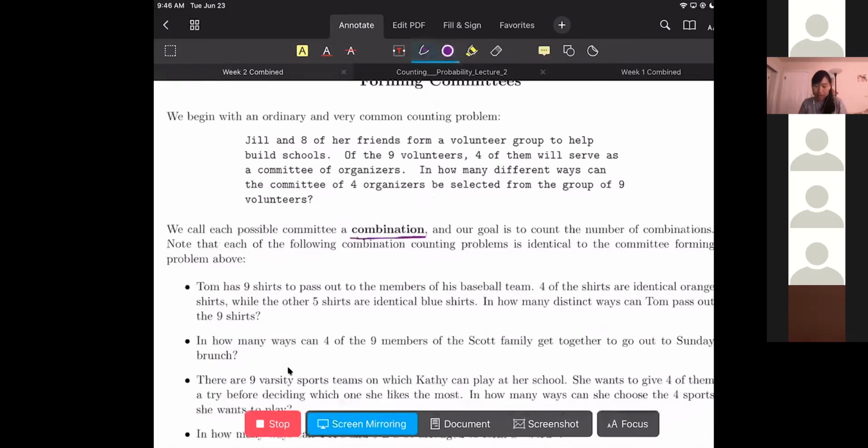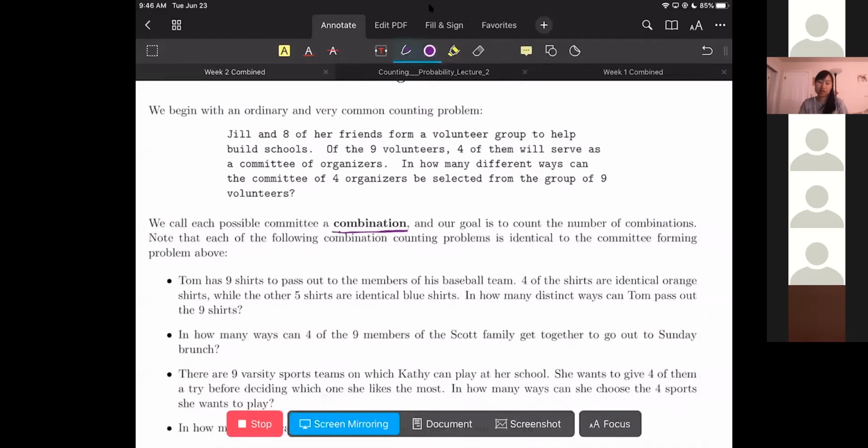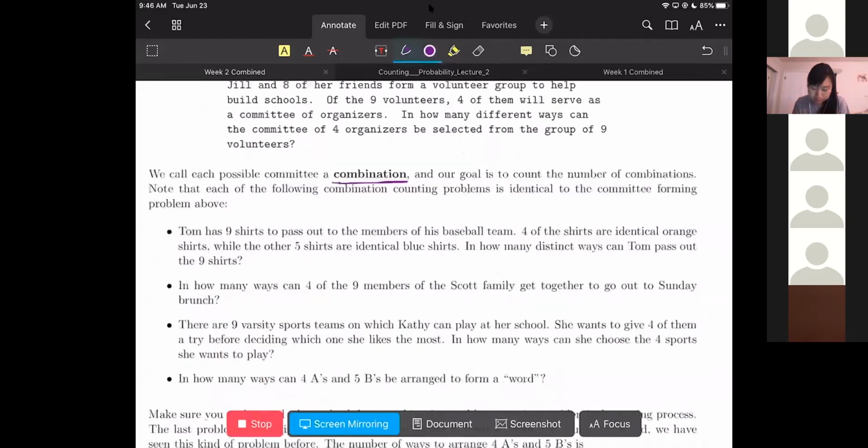And before we talk exactly about how to solve this one, here are some examples of some other problems that are representing the same type of counting problem. So Tom has 9 shirts to pass out to members of his baseball team. 4 of the shirts are identical orange, 5 of the shirts are identical blue, and how many distinct ways can Tom pass out the 9 shirts? In how many ways can 4 of the 9 members of the Scott family get together to go to Sunday brunch?